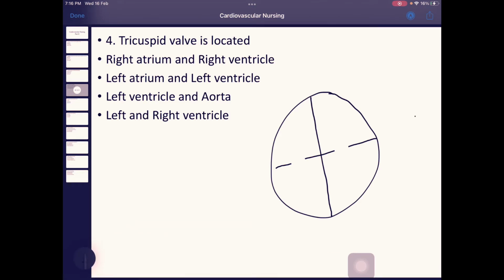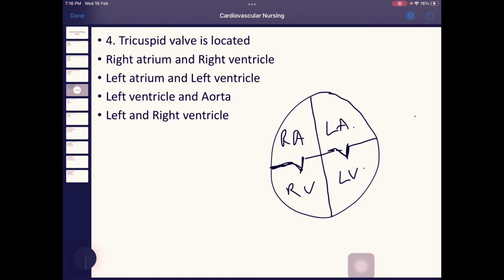So as we know that this is right atrium, left atrium, right ventricle, and left ventricle. The heart is divided into four chambers, and between these chambers there is valve. The purpose of this valve is to prevent backflow of the blood.